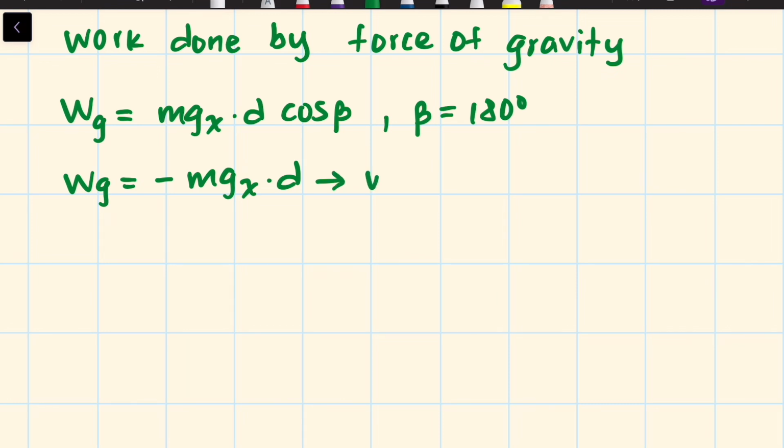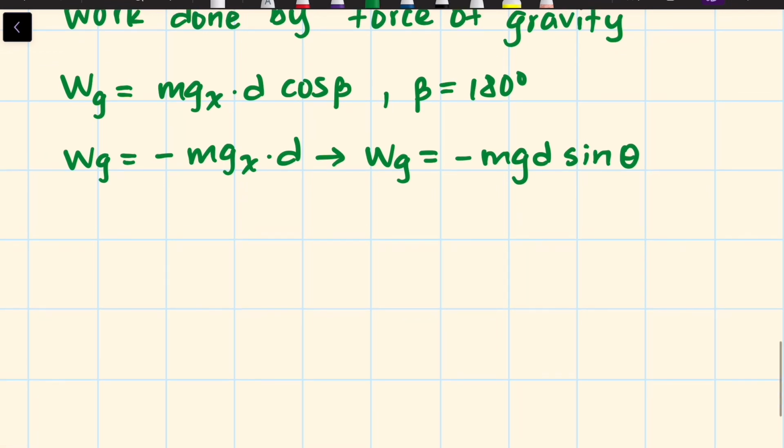Furthermore, the work done by gravity after we use trigonometry is negative mg. Oh, I forgot the displacement. My mistake. mgd times the sine of theta.